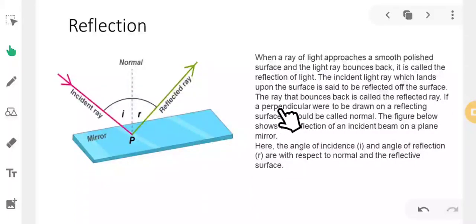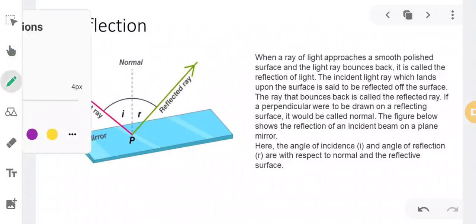If a perpendicular were drawn on the reflecting surface, it would be called normal. So, suppose this is your surface. Now on the surface I will draw a perpendicular.